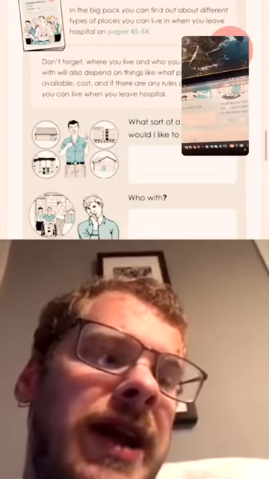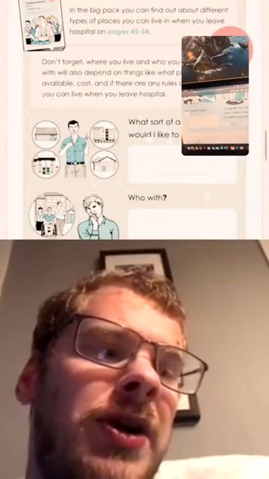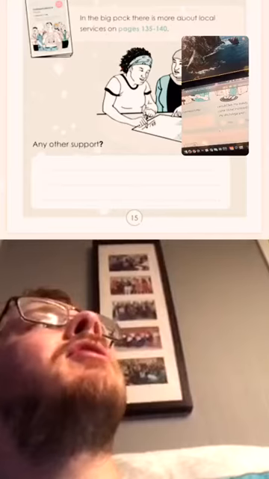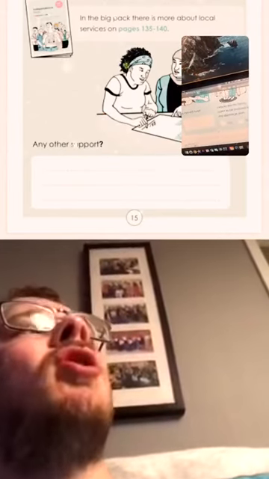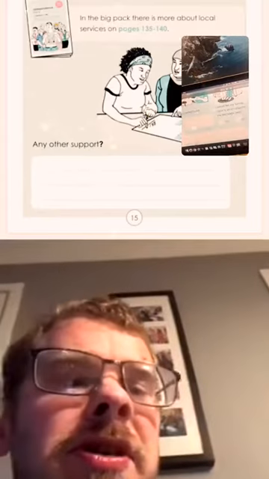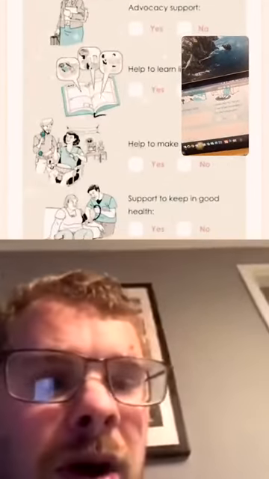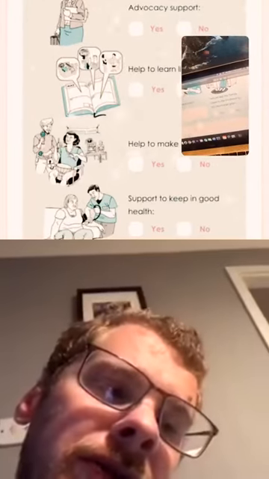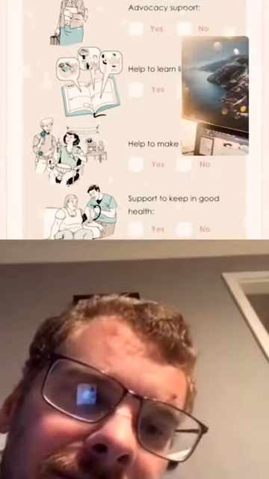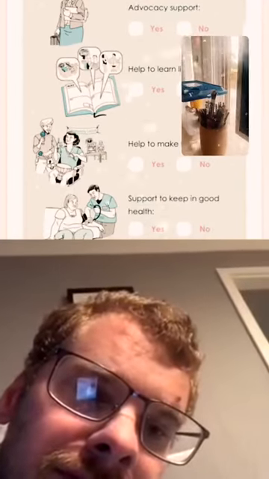So if you put in that you want your parents to support you, then it means that your parent, if you can't communicate, would be able to talk on your behalf, or your advocate, to get what you need, and know you better than the hospital or the assessment and treatment unit do. So make sure that this is really important.